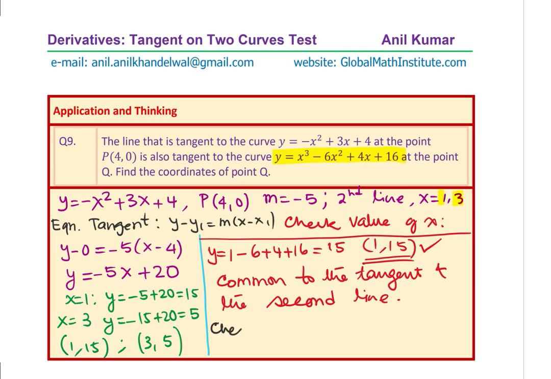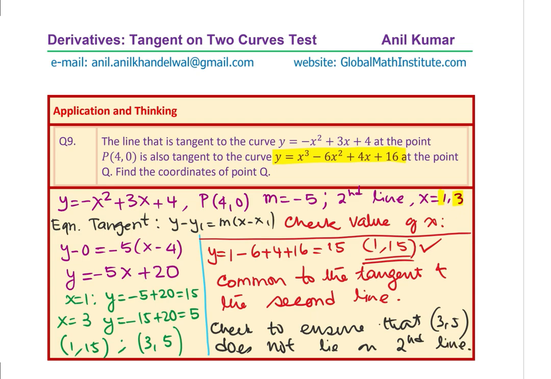Now check to ensure that (3, 5) does not lie on the second line. So that will make sure that there is only one point that lies on it. You get the idea? And therefore, our answer to this is that the point Q is actually (1, 15).